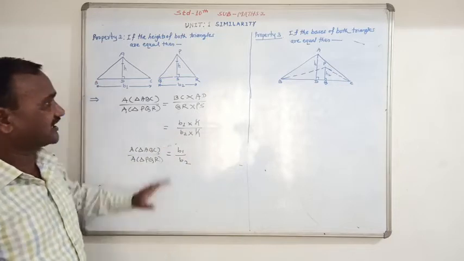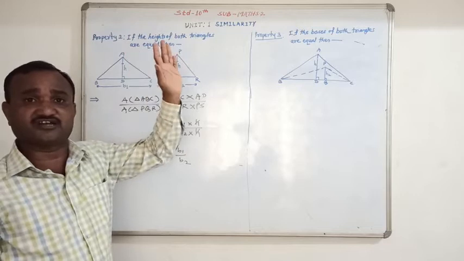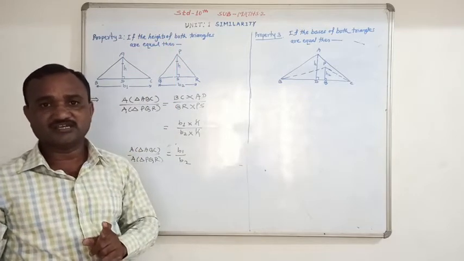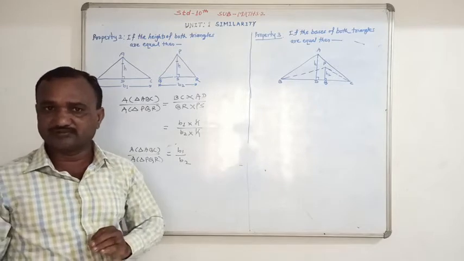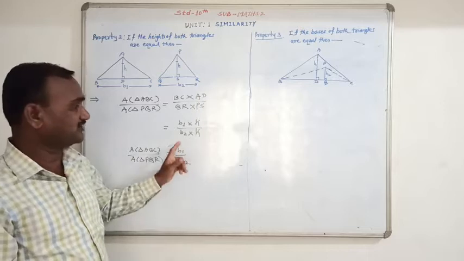So this is the second property of ratio of areas of two triangles. Once again, listen: if heights of both triangles are equal, then the ratio of areas of two triangles equals the ratio of their corresponding bases.